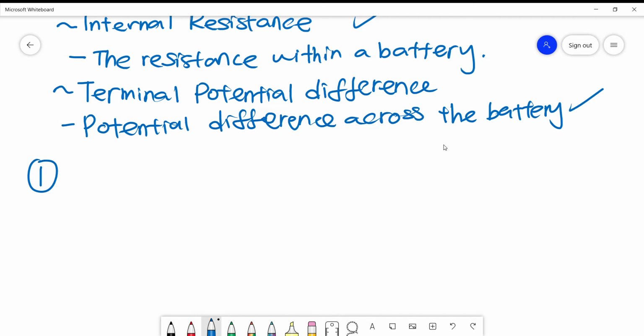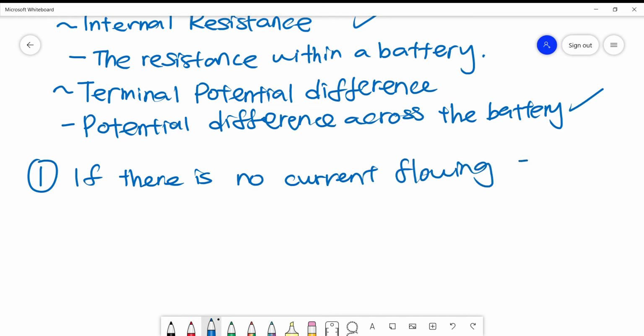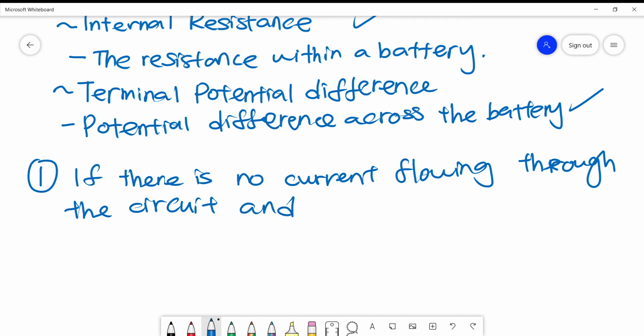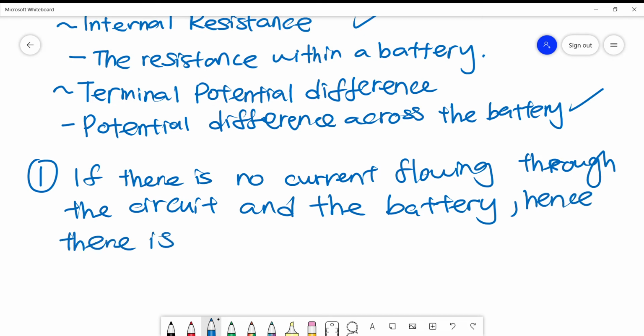For the first statement, if there is no current flowing through the circuit and the battery, of course, hence there is no internal resistance inside the battery.